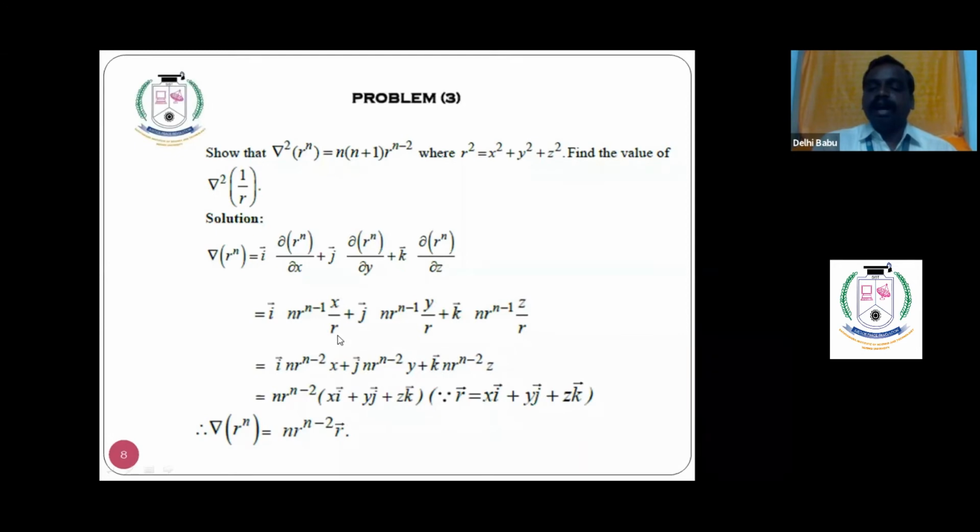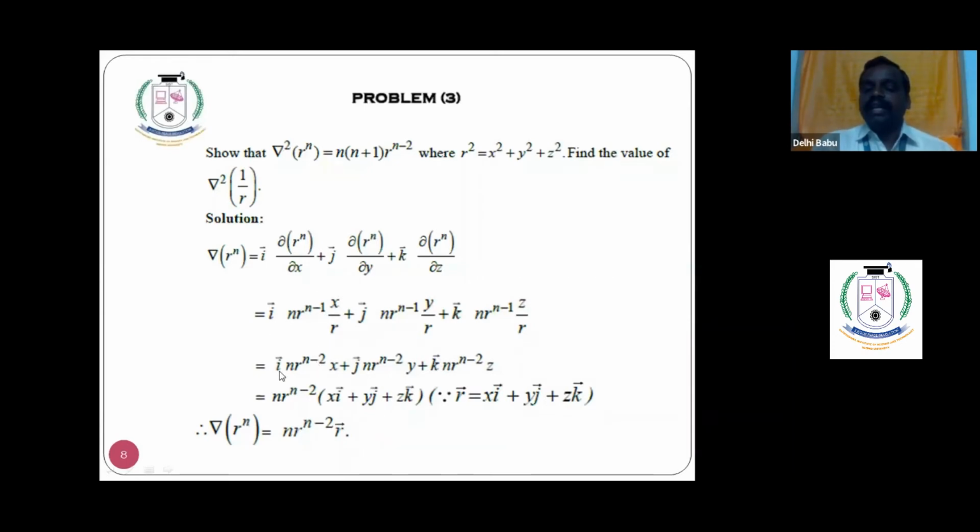So the denominator r^1 I bring into the numerator, so this r^1 comes to the numerator as r^(-1). Already I have r^(n-1), so r^(n-1) and r^(-1). The base is equal, then club the powers. Here the power is n minus 1 and this power is minus 1, so I get n minus 2.